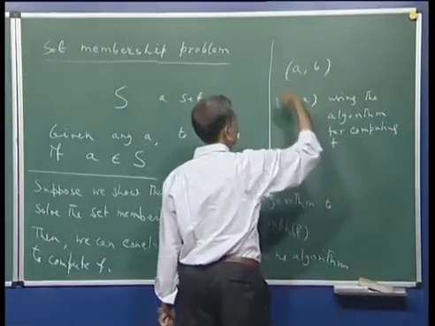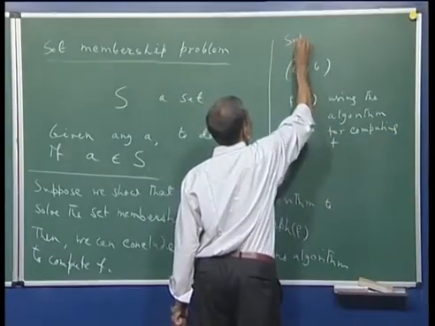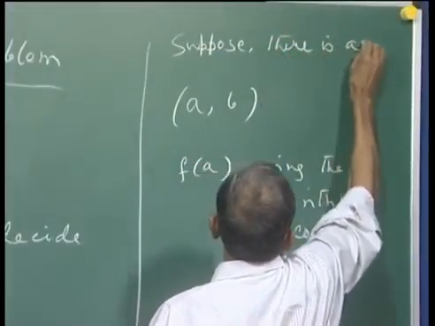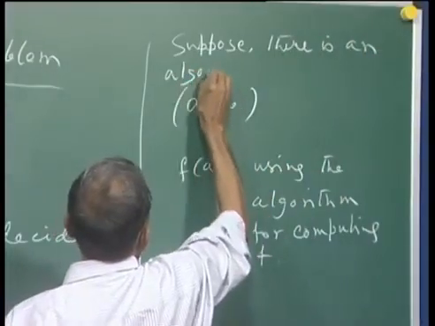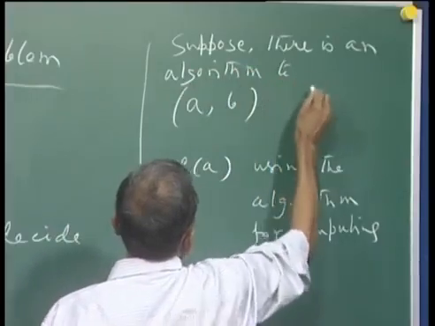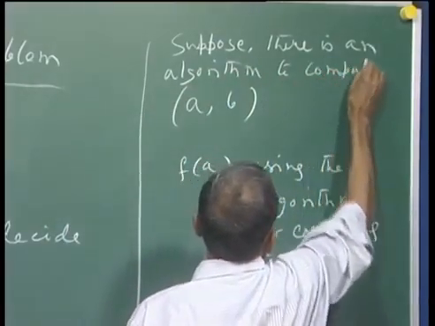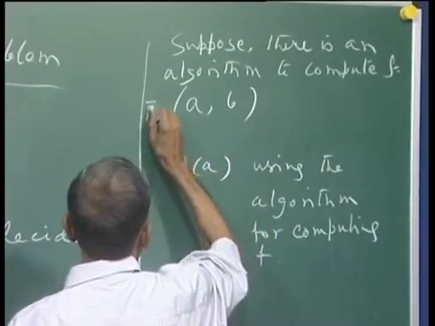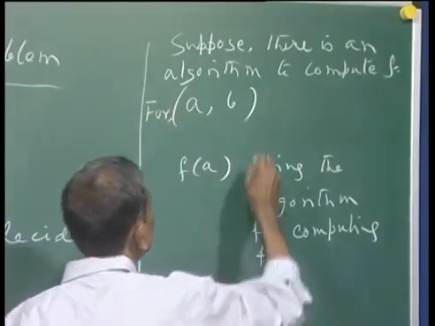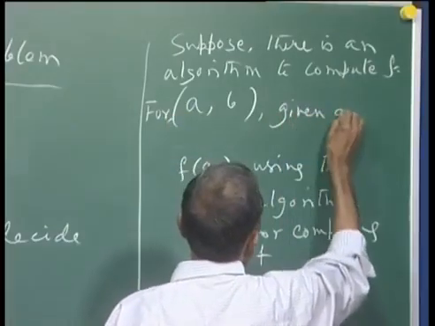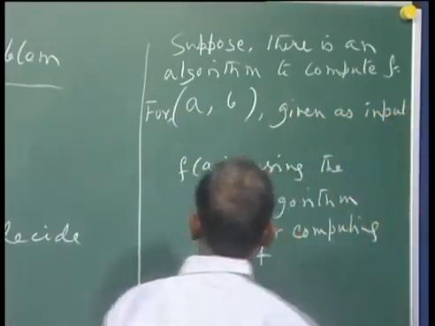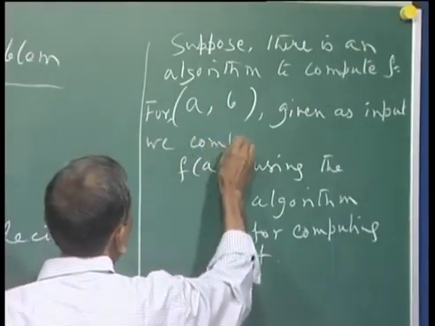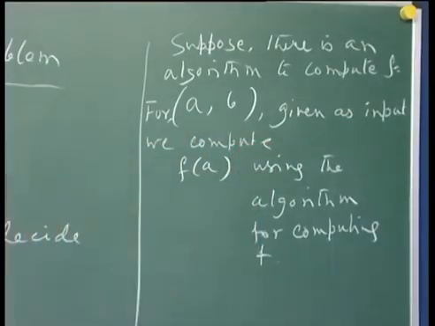So, let me write this. Suppose there is an algorithm to compute f, then for (a, b) given as input, we compute f of a using the algorithm for computing f.